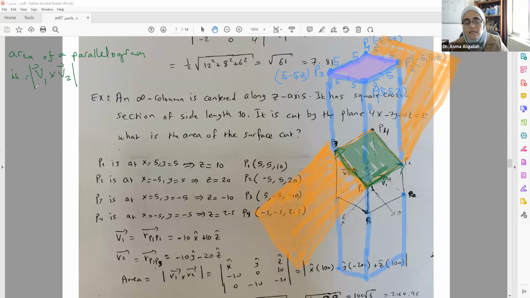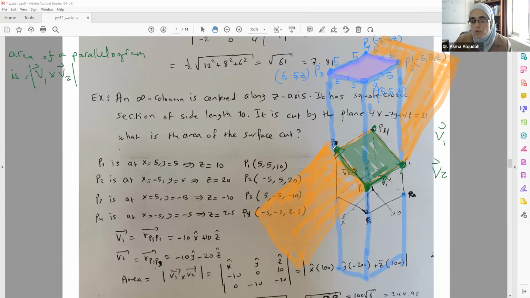So the process is easy, but in order to find the vectors v1 and v2 that we need to use in the cross product, we need first to find the vectors v1 and v2. In order to find these vectors, we need to do what? We need to find the exact coordinates of each one of the 4 points of the parallelogram shape.